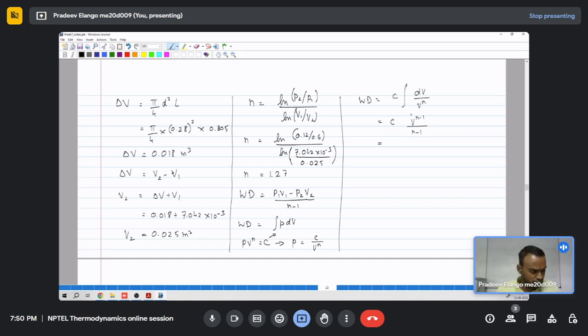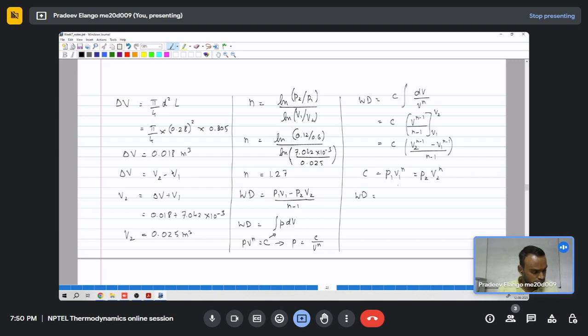This will be within the limits V2 to V1, so V2^(n minus 1) minus V1^(n minus 1) divided by n minus 1.